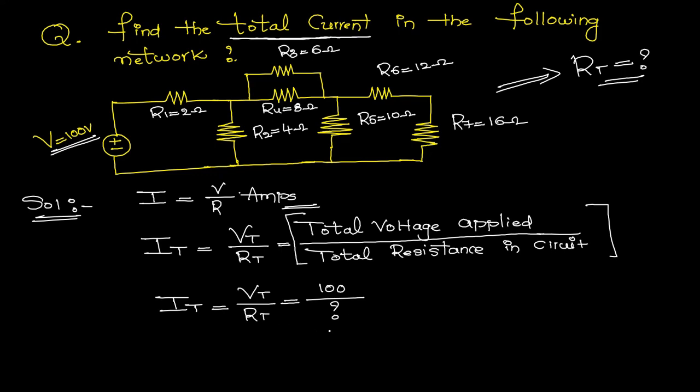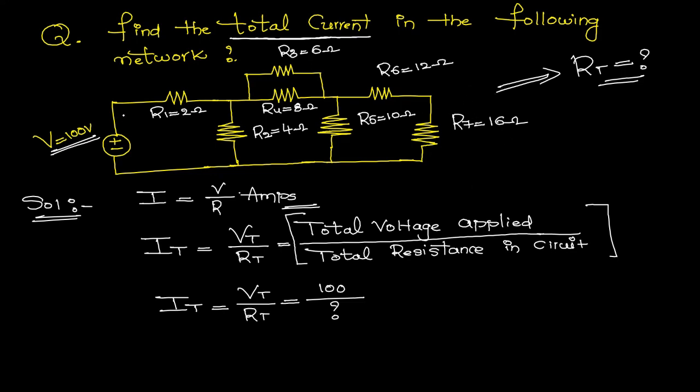Whenever we go for the calculation of total resistance, first we need to observe in the given problem whether the voltage source is connected on the left side or the right side. In the given problem the voltage source is connected on the left side. So when the source is connected on the left side, you can find the total resistance, that is the equivalent resistance, starting from the right side.